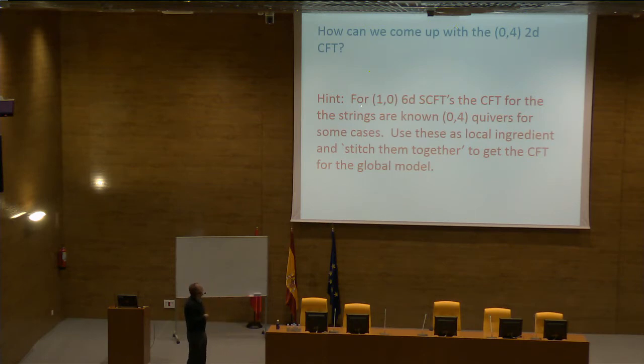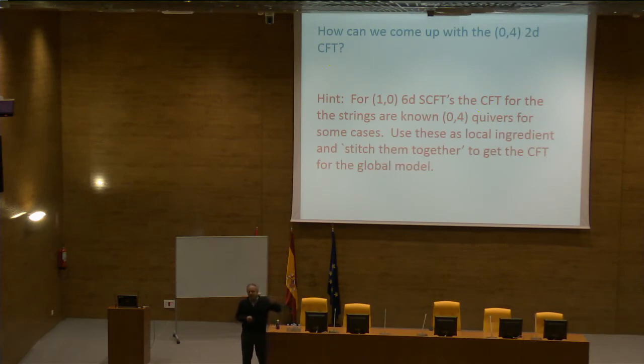And the hint is this. There are 6D (1,0) superconformal theories. If you study them, they are known, of course, to give (0,4) quivers for some cases. They will give you (0,4) strings. So these 6D (1,0) theories, as we know, have strings in them, and the strings have (0,4) supersymmetry.